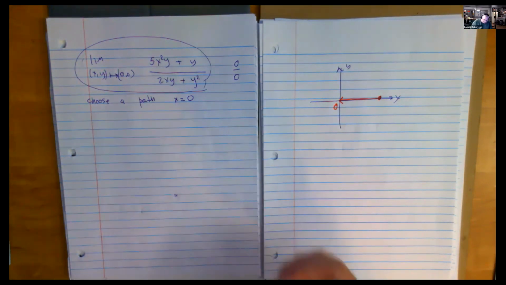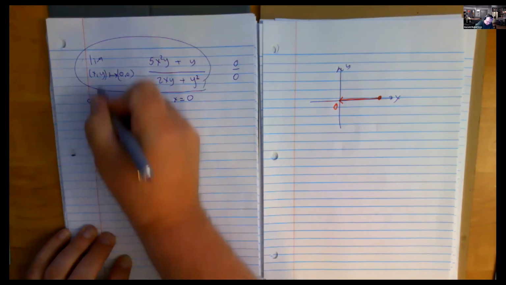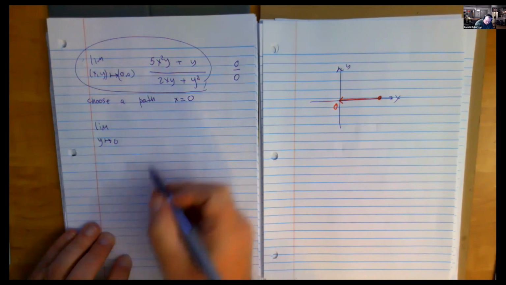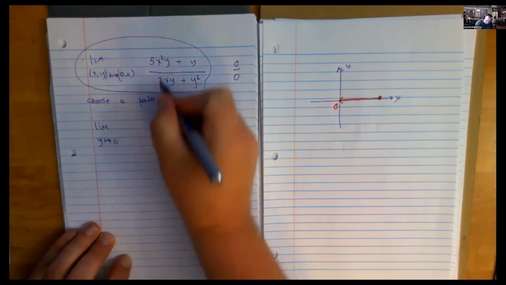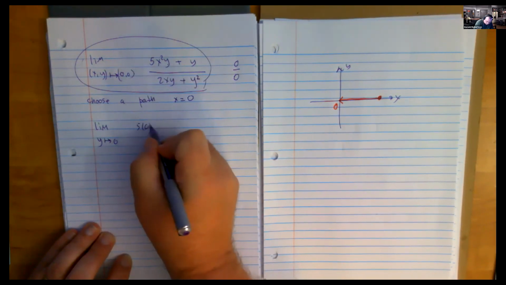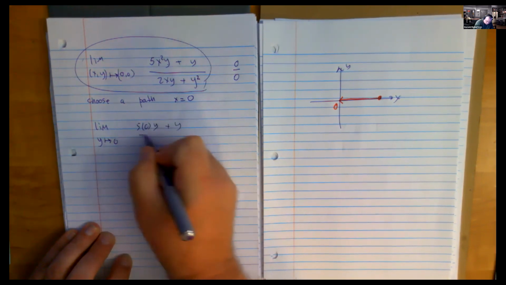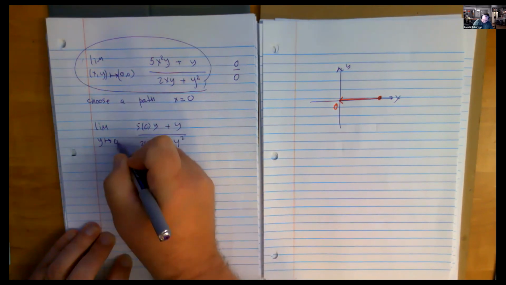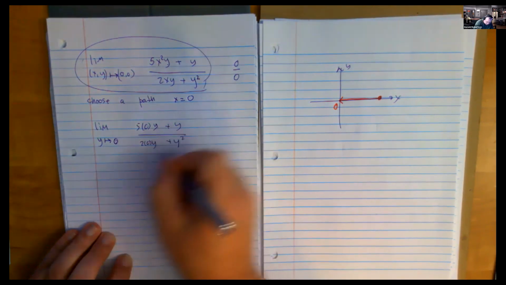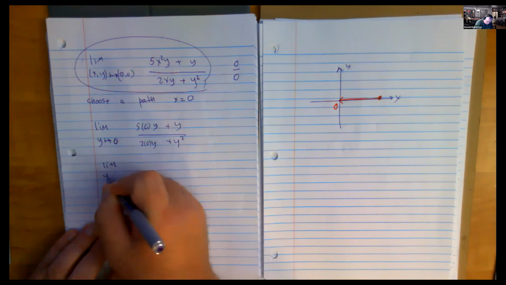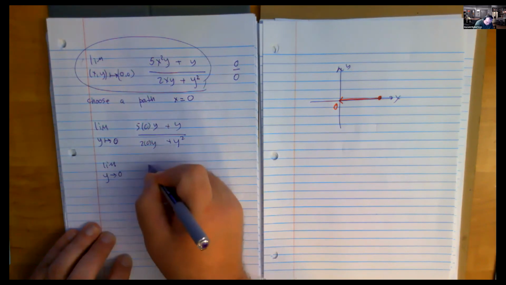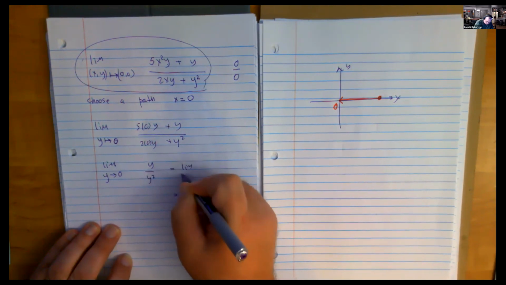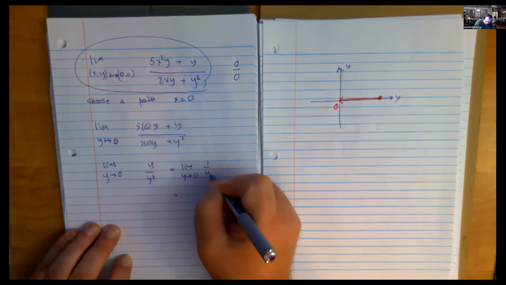Now, if I choose to do that, then the limit is as y tends to 0. That gets you nothing. 5 nothing squared, 5 nothing y plus y over 2 nothing y plus y squared, which becomes the limit as y tends to 0 of y over y squared, which is the limit as y tends to 0 of 1 over y.